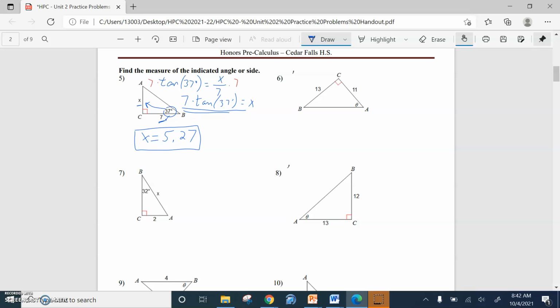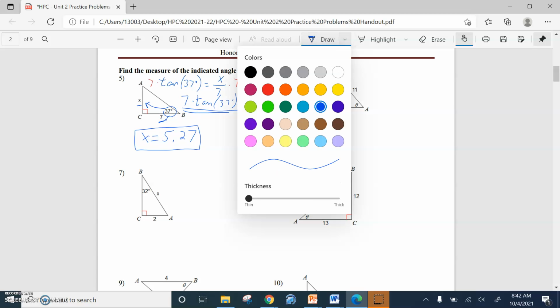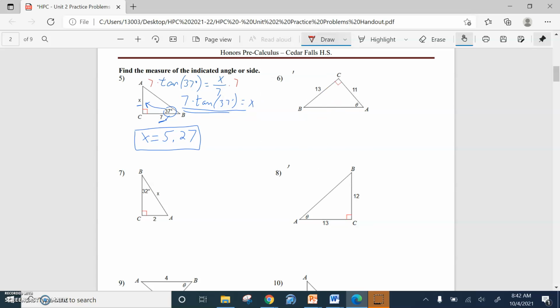So, see again, now 6 is going to be similar. We have theta as our unknown, but we have to look at that theta and say, okay, what do we know about our triangle, and what do we know about this theta? What we know is that we have the opposite and we have the adjacent.